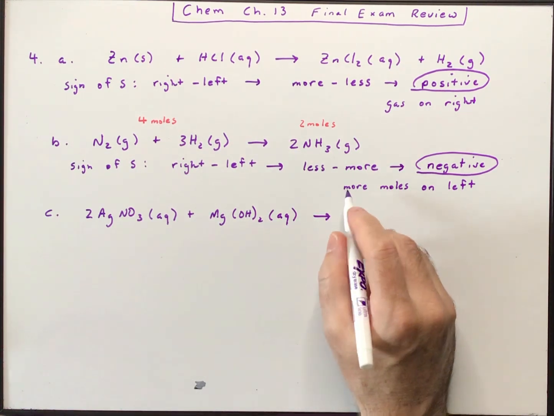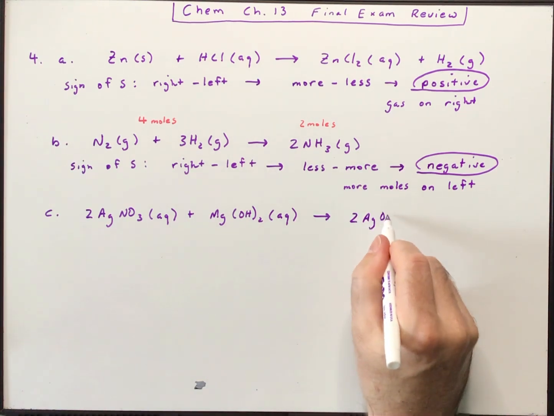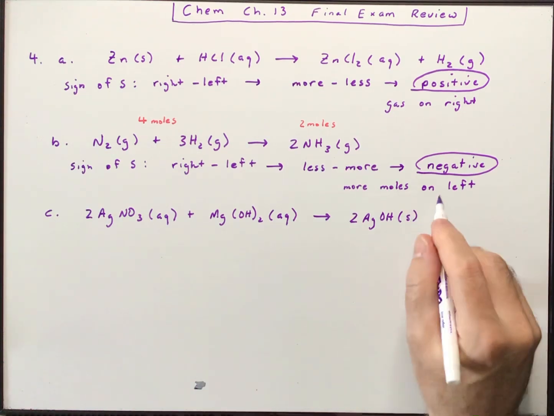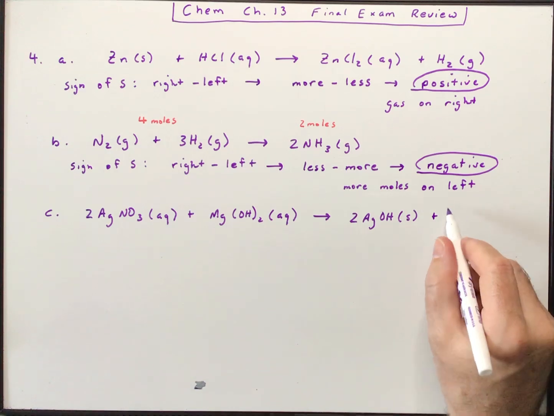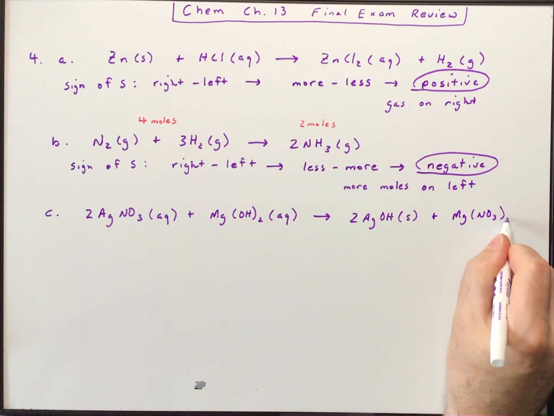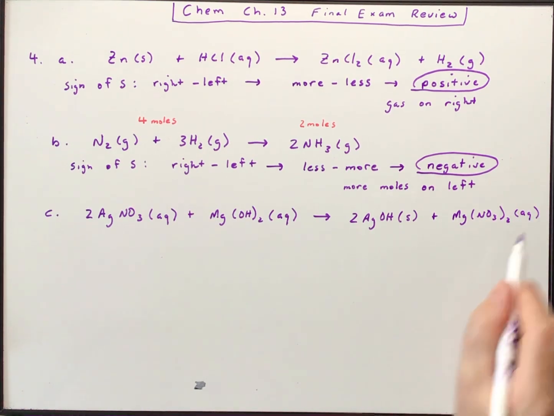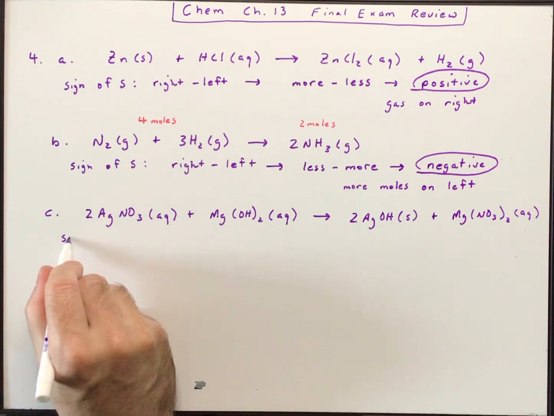That yields silver hydroxide, which is a solid, plus magnesium nitrate, and that is aqueous. Okay, so we're going to be using the phases since we have different phases.